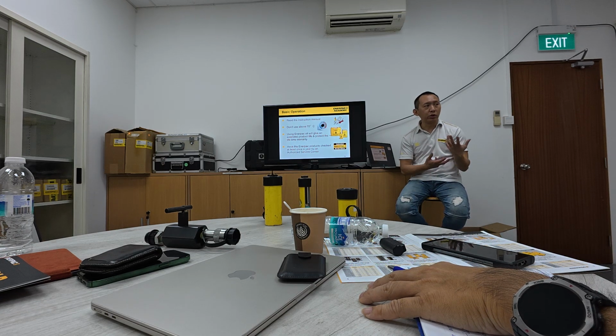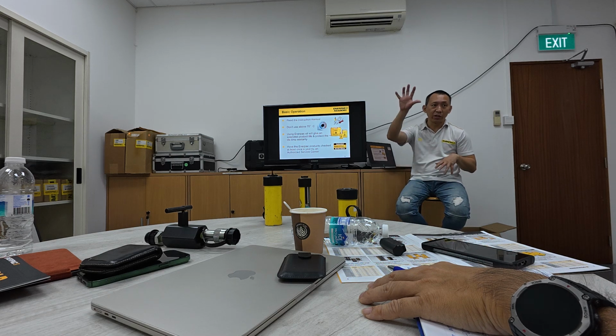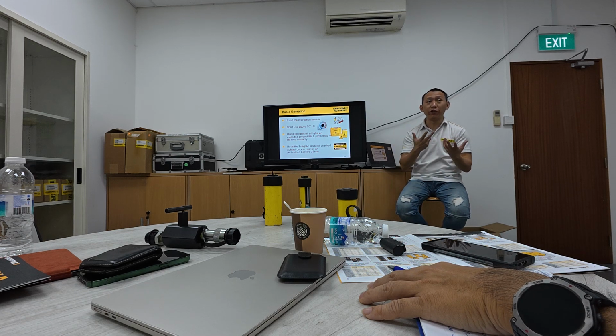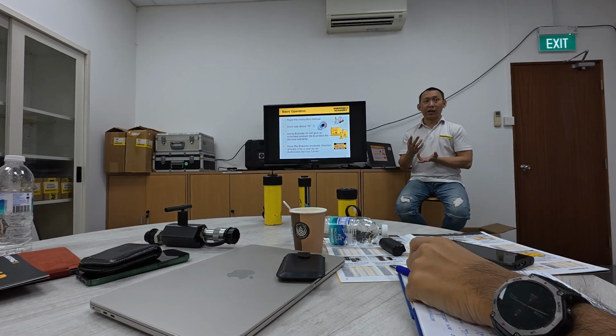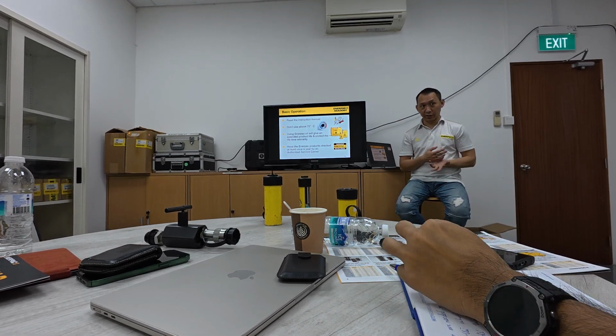They will check the condition of the product, whether it performs to spec, whether it's leaking, whether it can work or totally cannot work. Then they will inform the customer first.